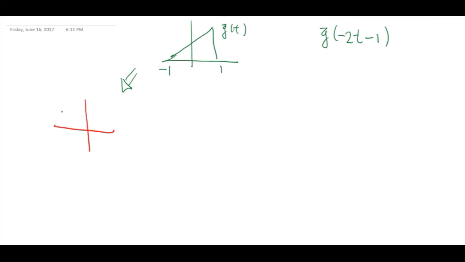So I time scale by -2t. That means to flip it into negative, and also to compress it by 2 times. So it was -1 to 1, then it will become -0.5 to 0.5. Okay, this is time scaling.